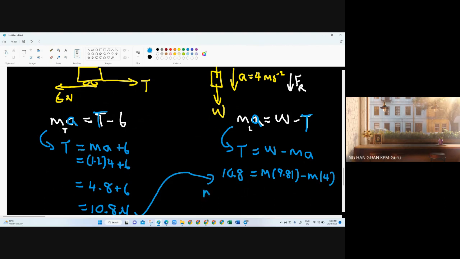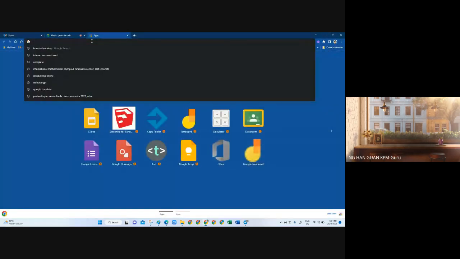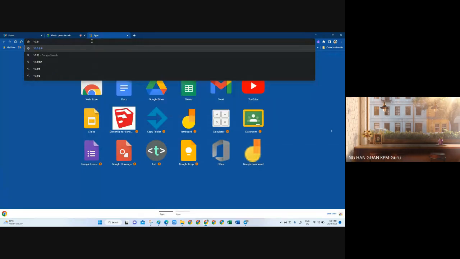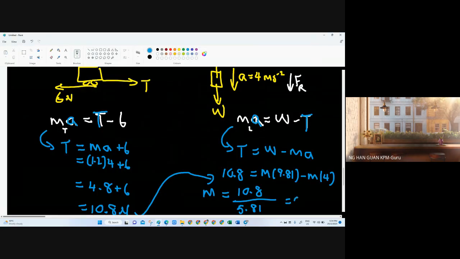So we can find the mass of the root is equal to 10.8 divided by 5.81. How much? 10.8 divided by 5.81 equals 0.0267 kilogram.